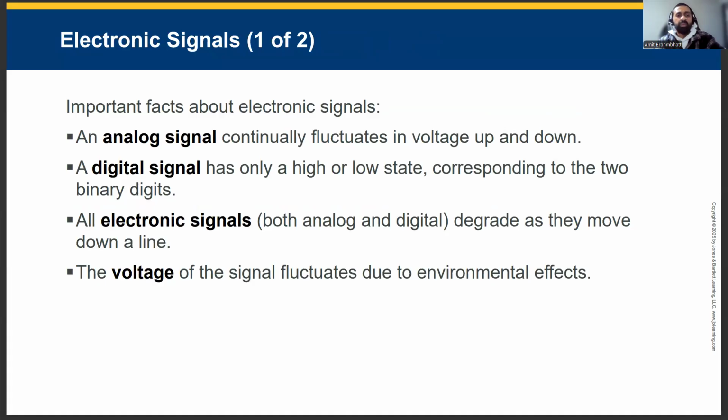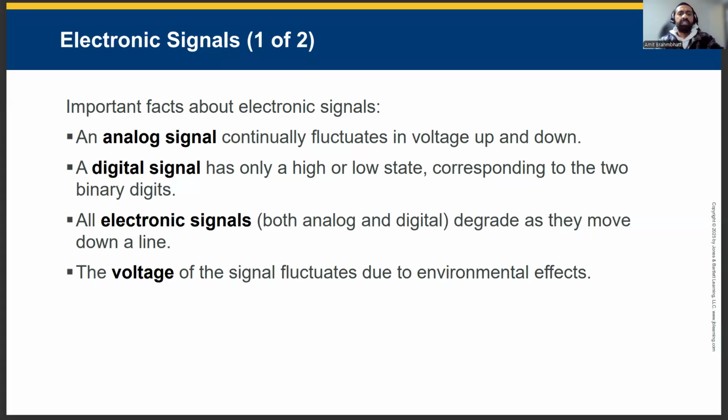This slide introduces important facts about electronic signals. An analog signal fluctuates continuously in voltage, reflecting the changes in the data it represents. A digital signal, on the other hand, has only two stable states, high and low, corresponding to binary digits 0 and 1.